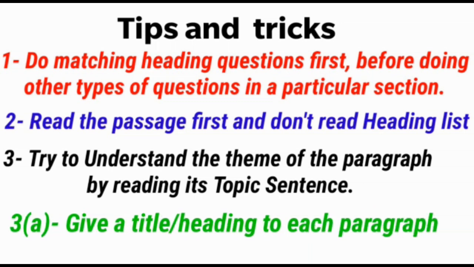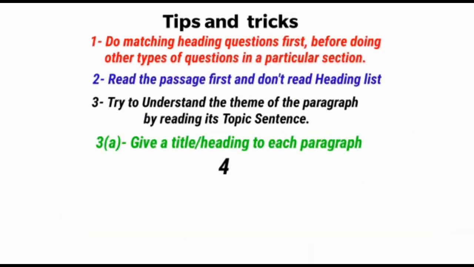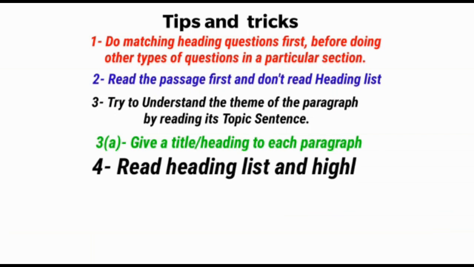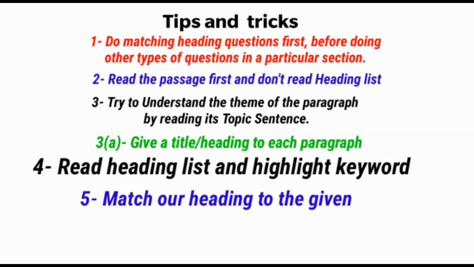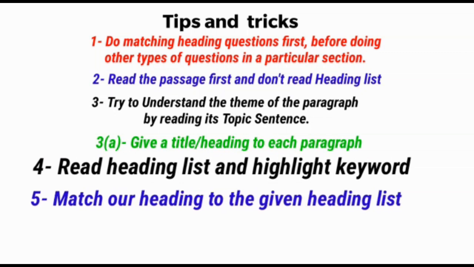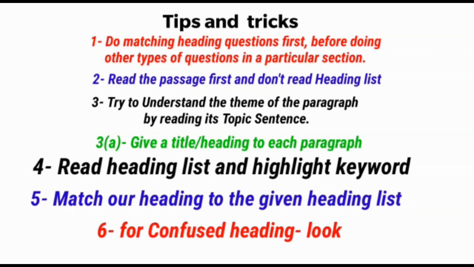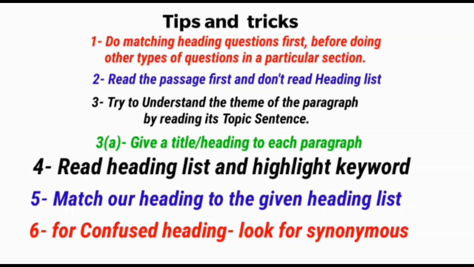Now, fourth point is, look at the headings in the heading list and highlight the keywords for each heading. Fifth step is, we need to start matching our headings with the given list. First, we should match the obvious ones. Now, for the confusing ones, write all the possible headings beside the paragraph.